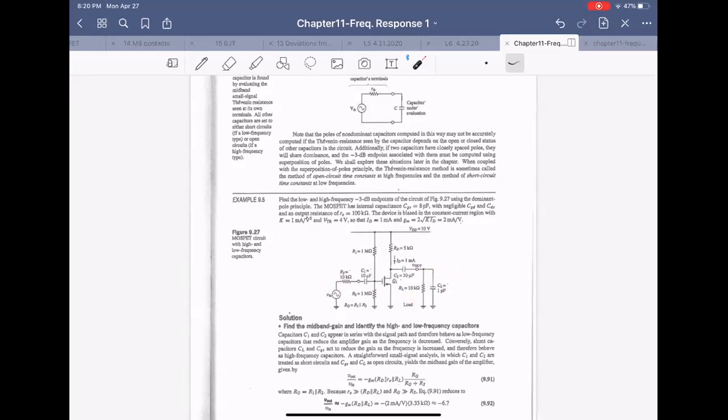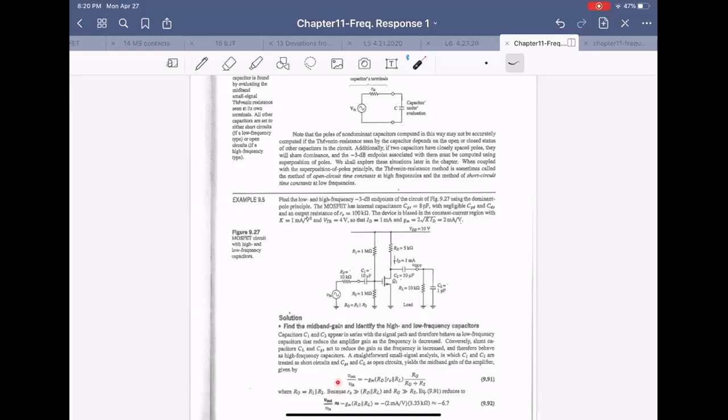So in the low frequency case, we have to consider C1 and C2. In the high frequency case, we have to consider CL, and also we have to consider the internal capacitors in the device, in the FET. If we ignore these in the midband, we can ignore these capacitors.